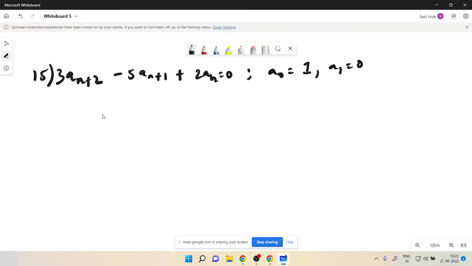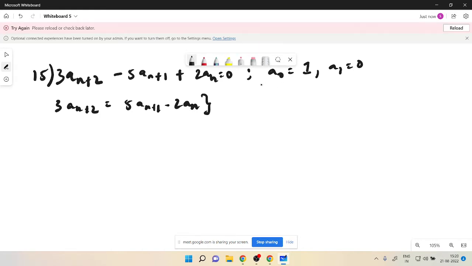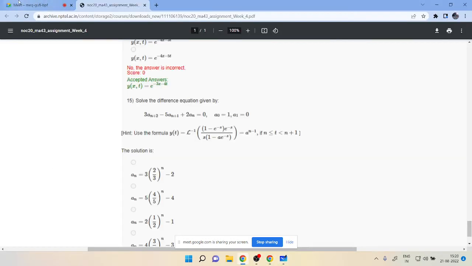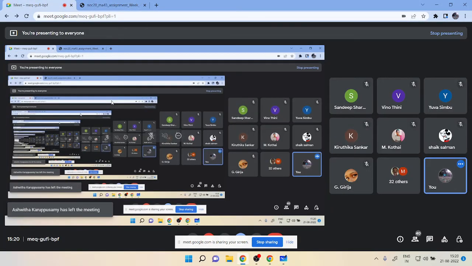Can anyone give an approach? How do we start this question? Any attempt? Shall I give you some time, 3-4 minutes, to work this out? Can anyone tell me the approach?